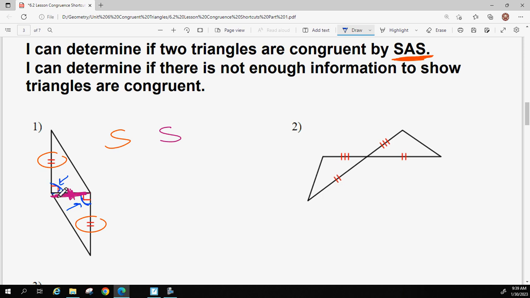And so my angle is in between my sides. So I have this side angle side shortcut. So these triangles are congruent, and I know that because I have two pairs of sides that correspond and are congruent, and the angles in between them are also congruent.